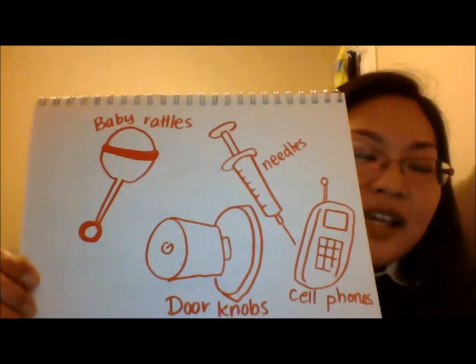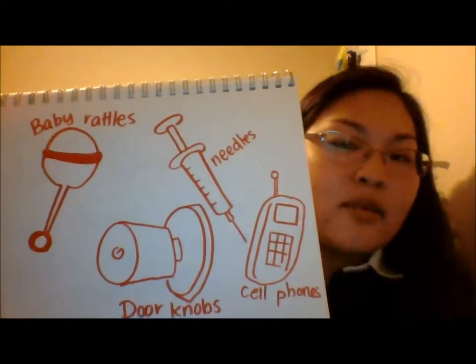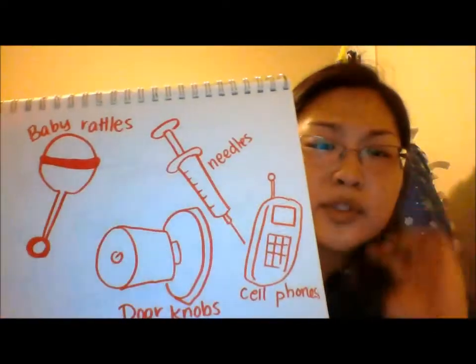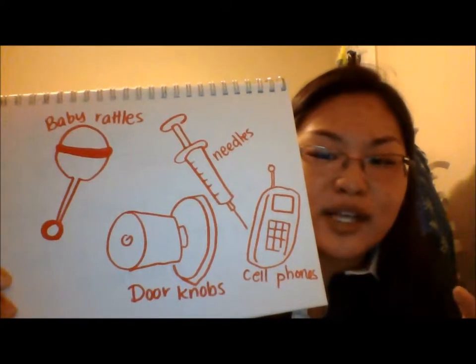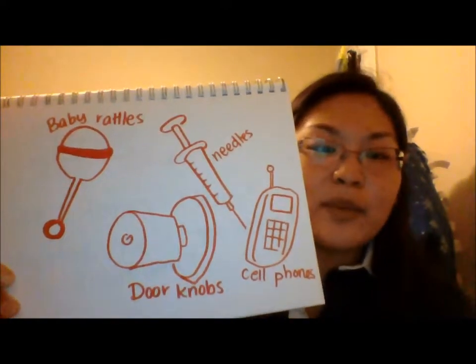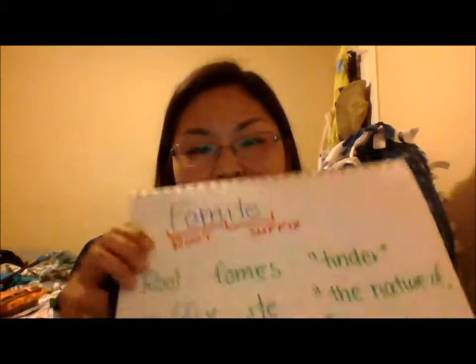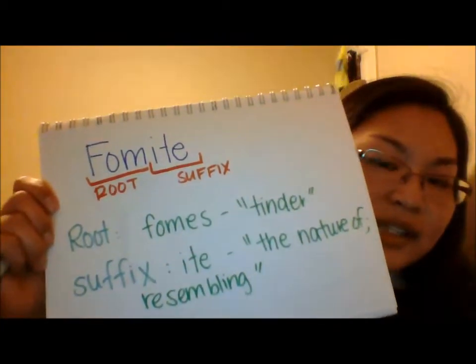There's tons out there. So especially for those going into the medical field, this is really important in hospitals, because a lot of medical equipment, if it's not sterilized correctly, can be fomites and spread infections throughout hospitals. So breaking down the word, I had a little difficulty again because it wasn't really in our textbook.